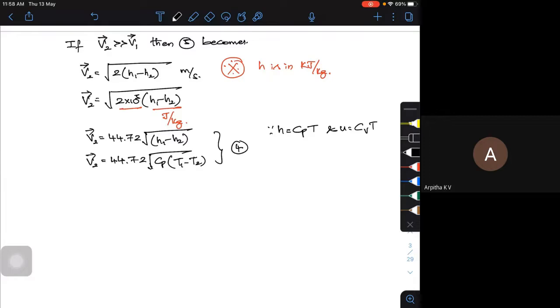So this is the expression for exit velocity from your steady flow energy equation. V2 is equal to 44.72 square root of the difference in your enthalpy, that is inlet enthalpy and exit enthalpy, if you are able to get it, or if you are able to get the temperatures.